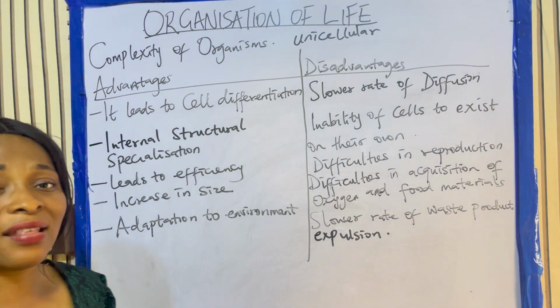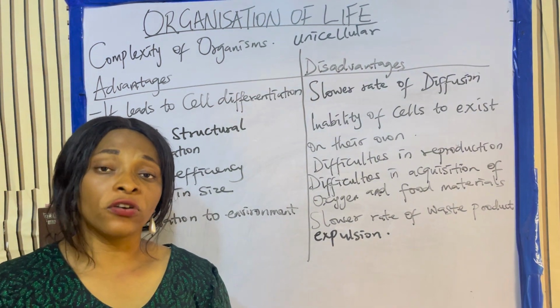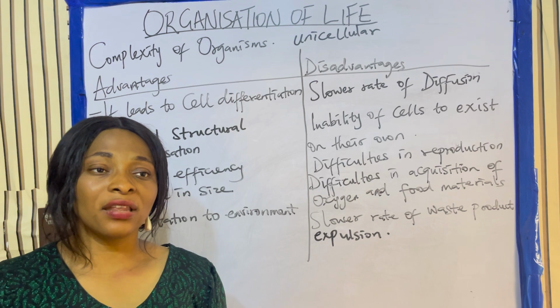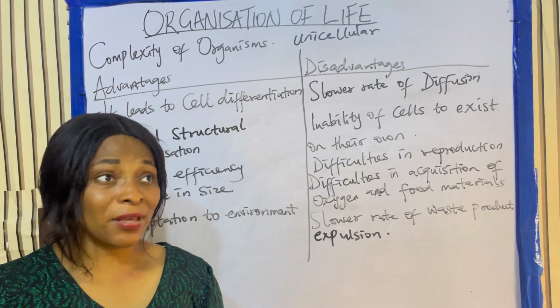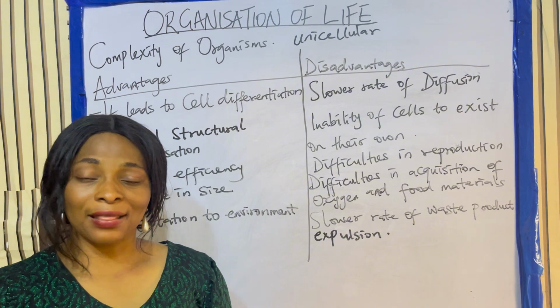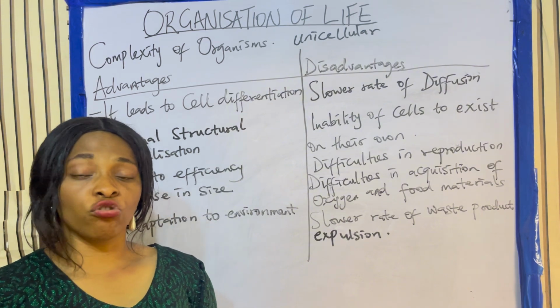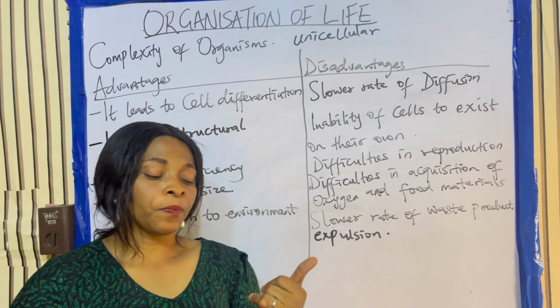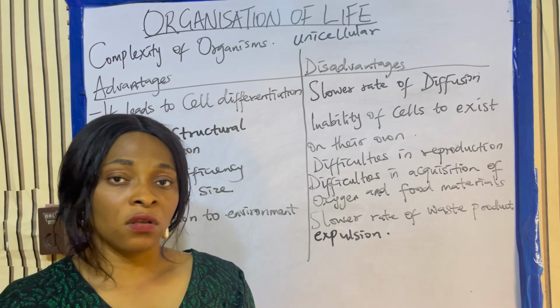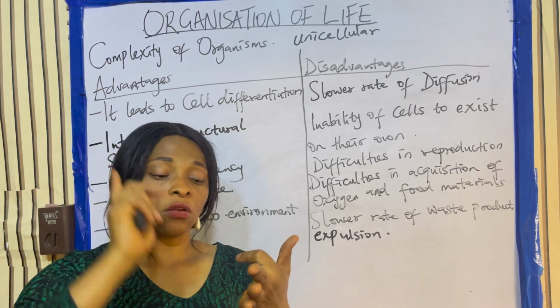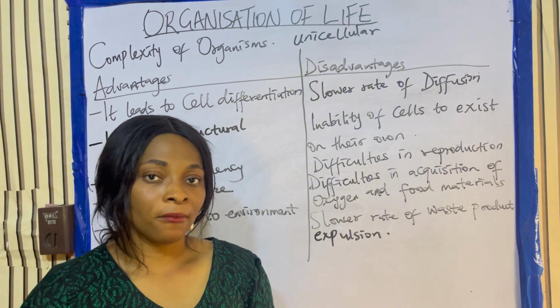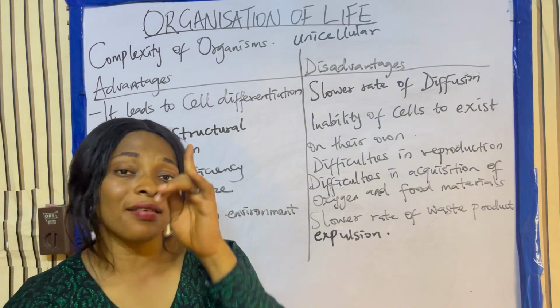So this complexity is actually found in higher organisms, like man, and big plants like the mango tree and plantain. A mango tree is made up of billions of cells. It has a cell, a tissue, an organ, and a system. But euglena only has a cell.